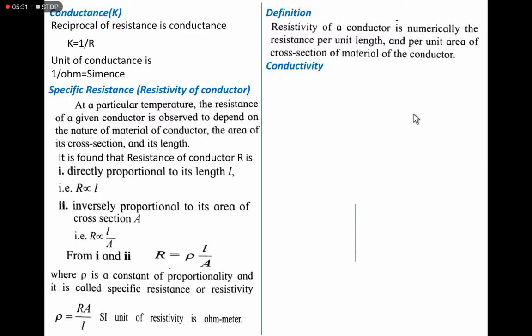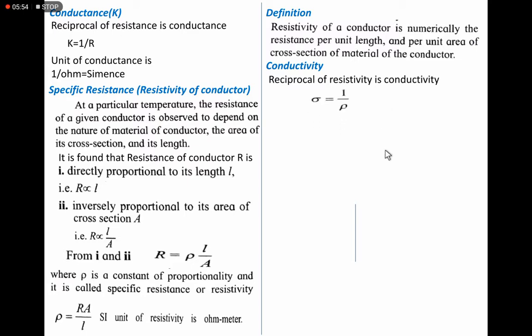Then conductivity is the reciprocal of the resistivity, the same as conductance. The conductivity of the conductor is the reciprocal of the resistivity, meaning if the resistivity of the conductor is less, then the conductivity of the conductor is more.